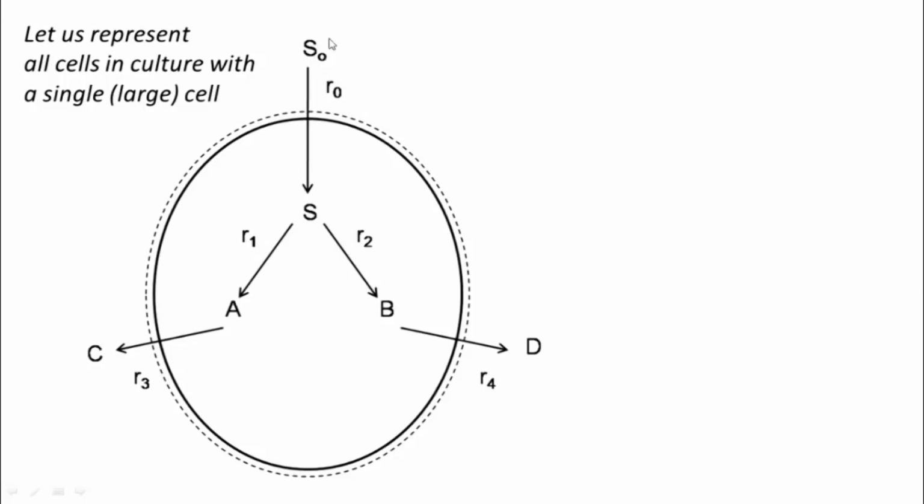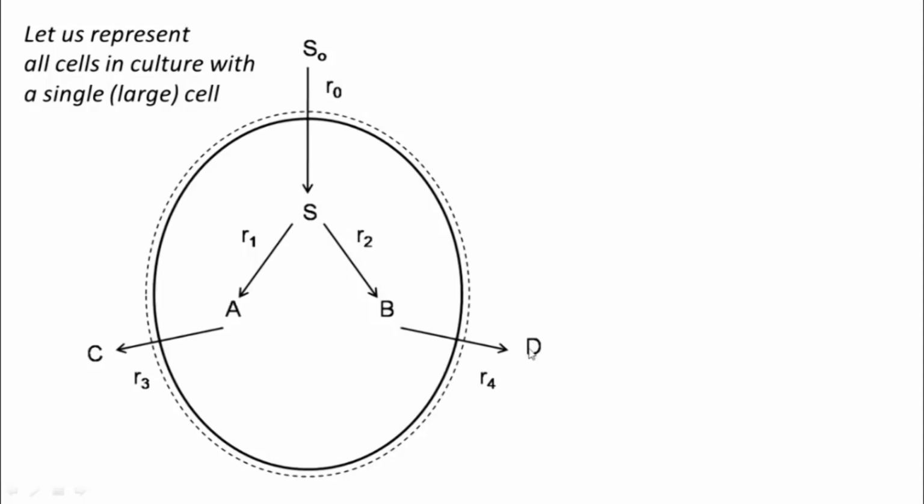S0 is a substrate that's outside, that goes inside and gets converted to S through probably the reaction R0. Then S could get converted to A or B. It gets converted to A at a rate of R1. This R1 is in moles per time, and it gets converted to B at the rate of R2 moles per time.